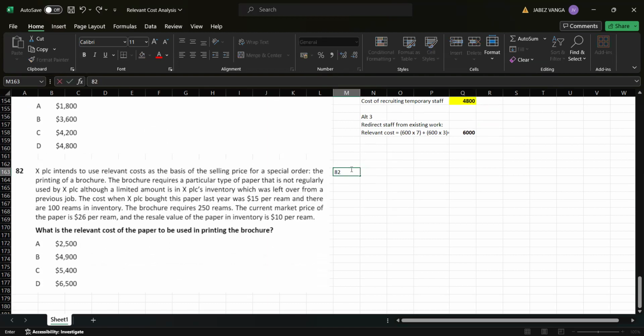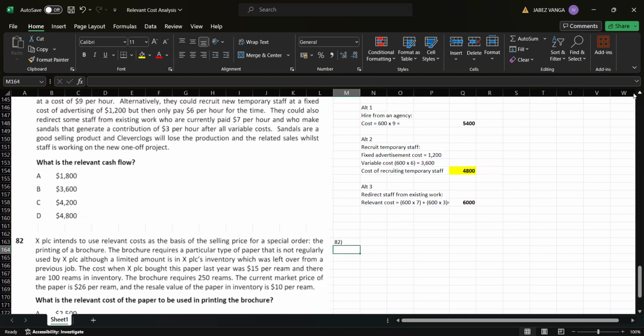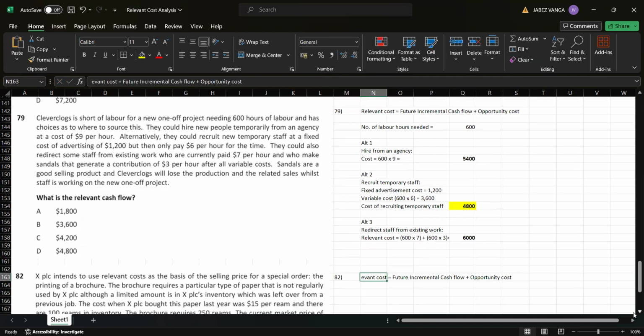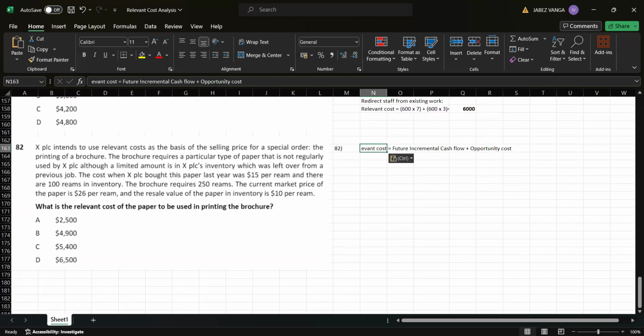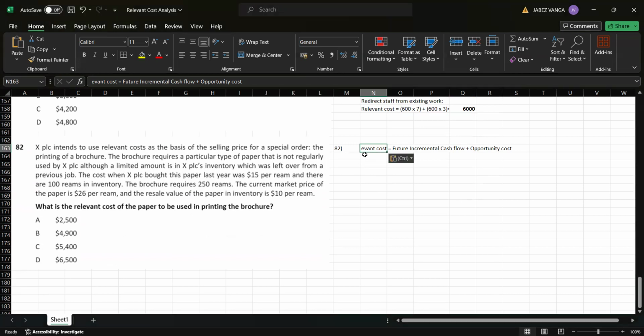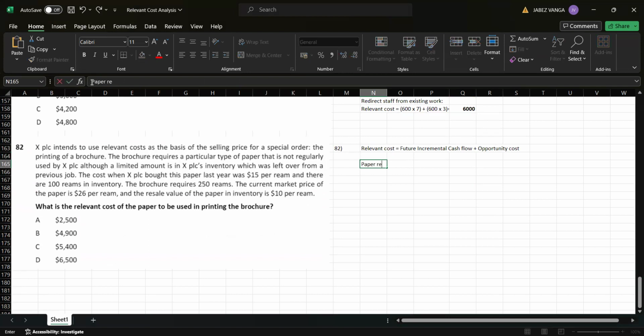This is question number 82. Paper reams required?